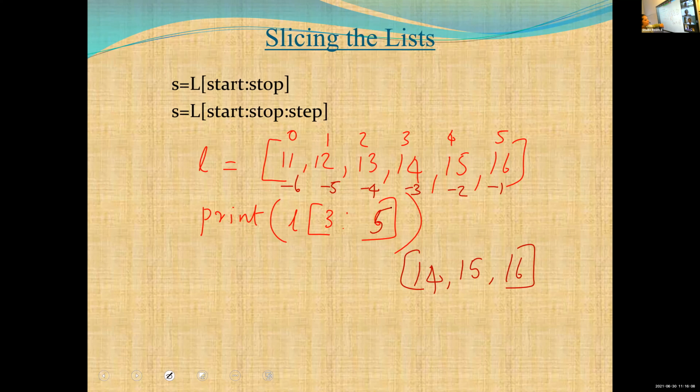Okay. Alvin, is it clear? Okay. So first I create one list using square brackets, L is equal to 11 to 16. Then print L[3:5], which means 3 is the starting value and 5 is the stop value. Within this range the values are displayed.